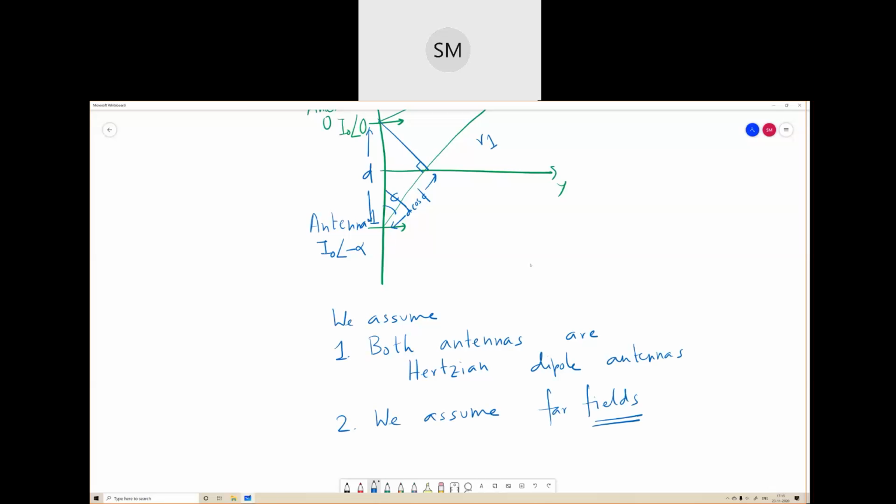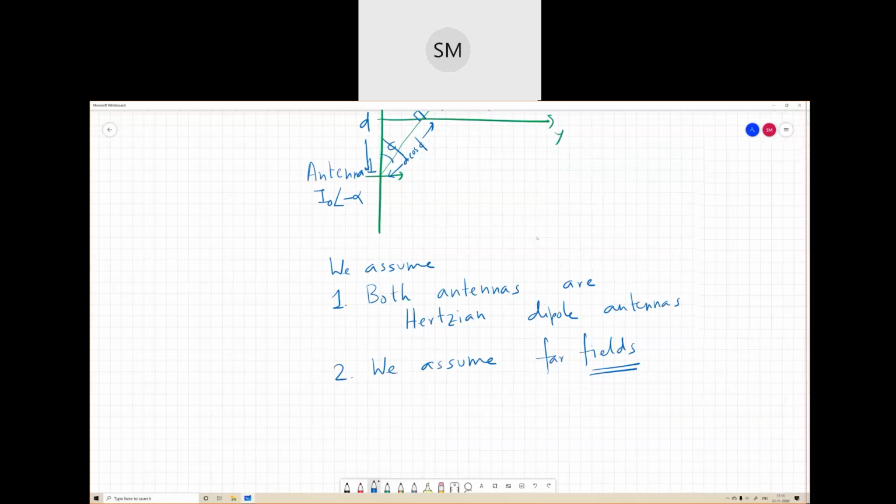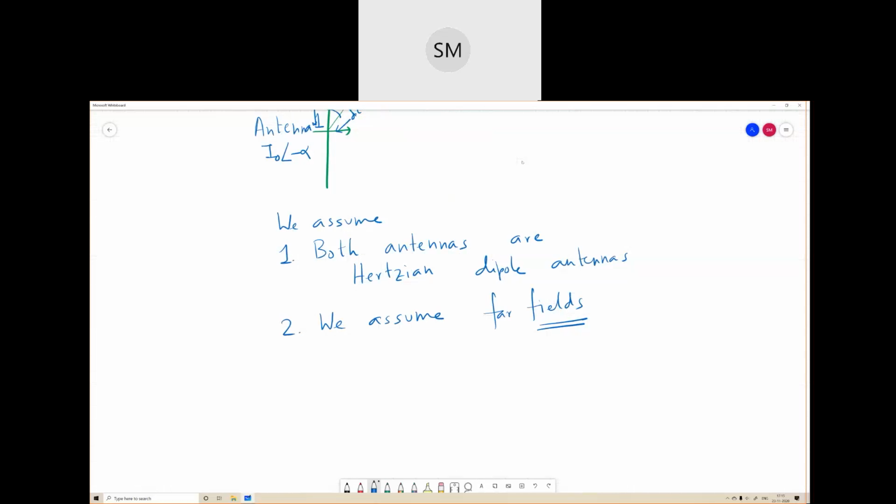Now, what is the far field expression of a Hertzian dipole antenna? We had discussed this in the classes before.